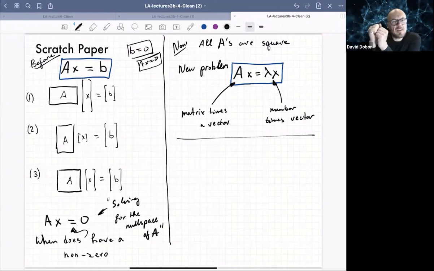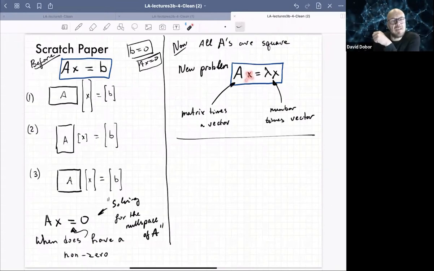So A takes in X, out comes AX. Whatever comes out on the other side, if it is some stretched version of the original vector that went in, then that kind of vector we're going to call an eigenvector. So those vectors X that solve this system of equations are called eigenvectors.